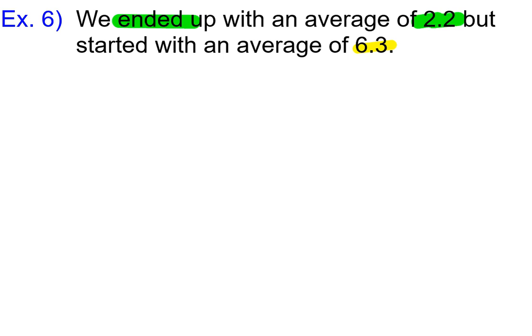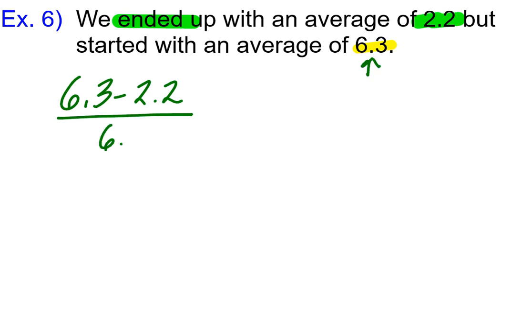If you get in the habit of just grabbing numbers and going, once again, you're going to be grabbing the wrong numbers. So we have 6 and 3/10. We're going to subtract 2 and 2/10, but we started with this 6 and 3/10. Not the 2 and 2/10, just because that's the first number in the sentence doesn't necessarily mean that's the number you started with. We're going to multiply that times 100.